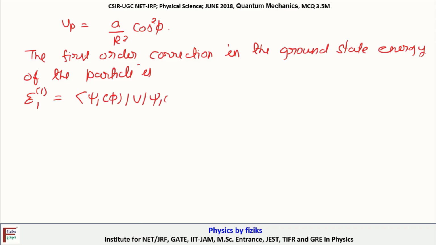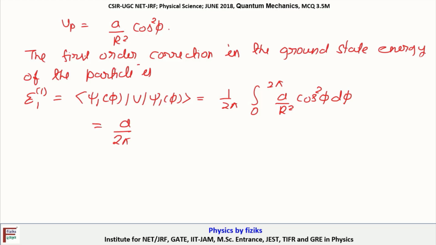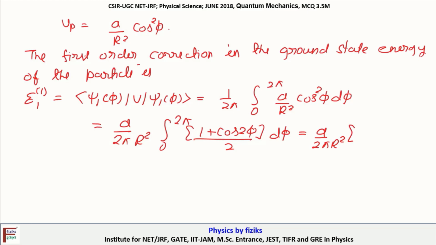V psi 1 phi will be 1 by 2 pi integral 0 to 2 pi of a by r square cos square phi d phi, which is equal to a by 2 pi r square integral 0 to 2 pi of (1 plus cos 2 phi) by 2 d phi, which is equal to a by 2 pi r square times (2 pi by 2 plus (sine 2 pi minus sine 0) by 2), which is equal to a by 2 r square.